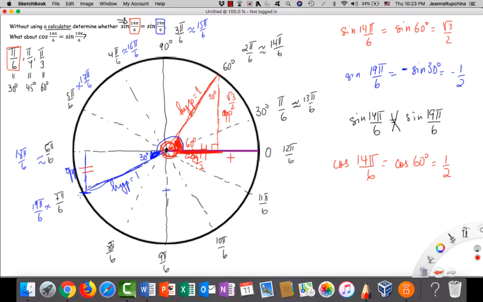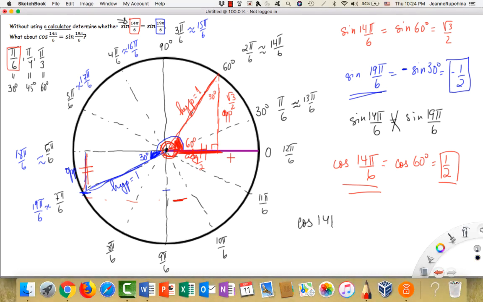However, this one's positive, and this one is going to be down here negative, because it goes in the negative direction. So therefore, I can conclude that cosine of 14 pi over 6 is not equal to cosine of 19 pi over 6. However, they're close, right? One is a negative, one's a positive.